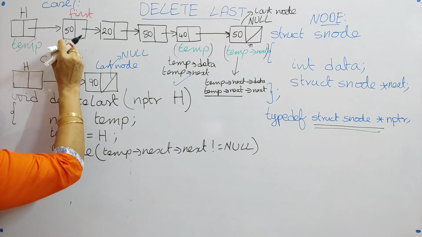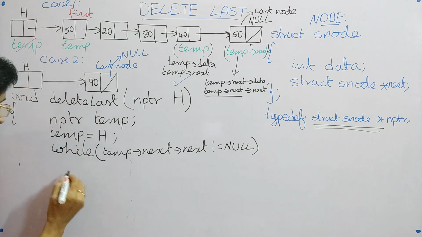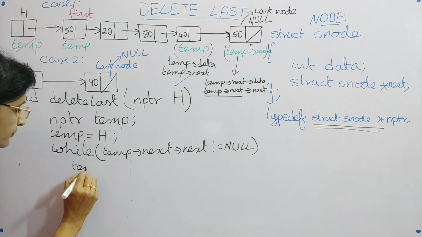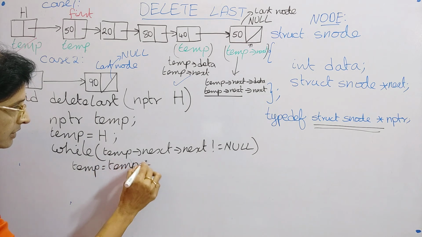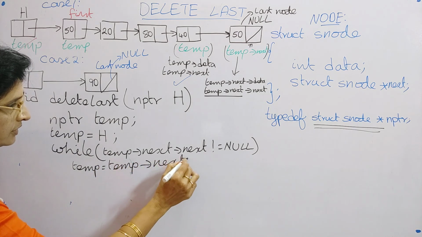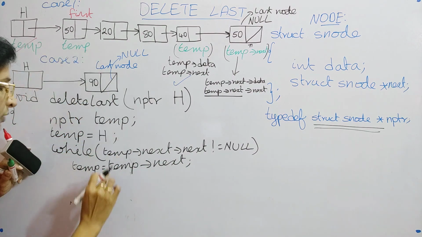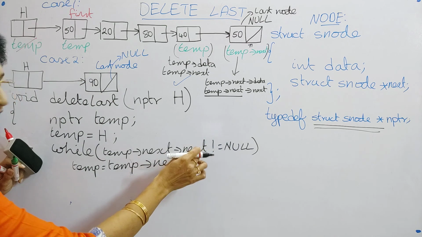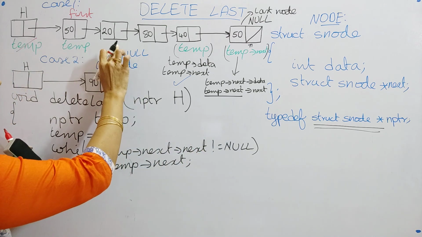That is, to this location. So for that, what you can do is just give temp is equal to temp next. So what will happen? From here the temp will be moved to here. Now again it will go to the condition of your loop. Again temp next means this one.